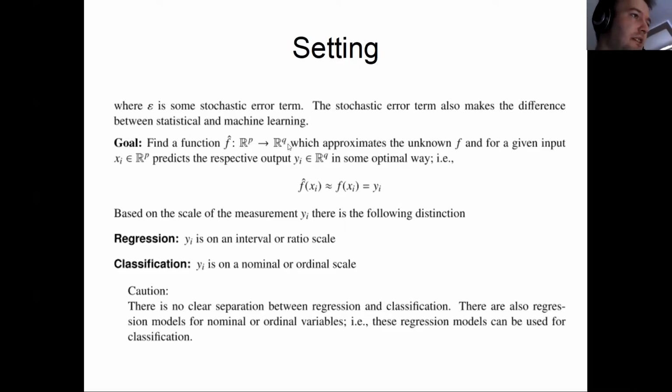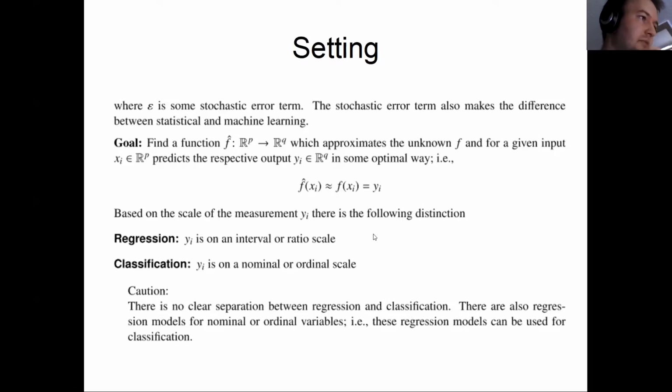And our goal for linear regression is to find a function which approximates this unknown function for a given input in some optimal way. There you can already see that optimization plays into that.